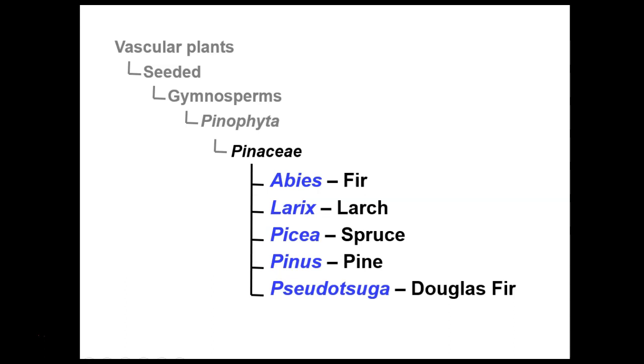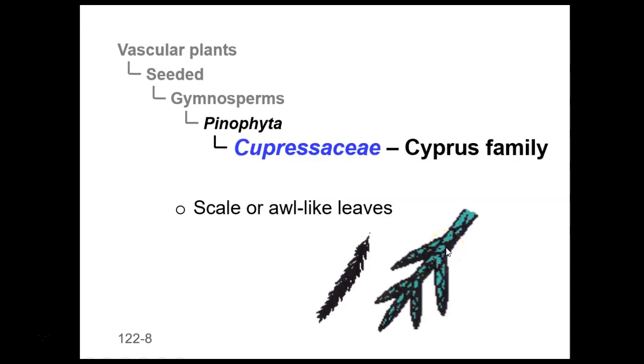So within the gymnosperms, we look at the different kinds of families that we have. So we have firs, larches, spruces, pines, and Doug firs, which are like false firs. When we look at the cypress family, we have scale or awl-like leaves. So here in our climate, this is demonstrated in the juniper family.